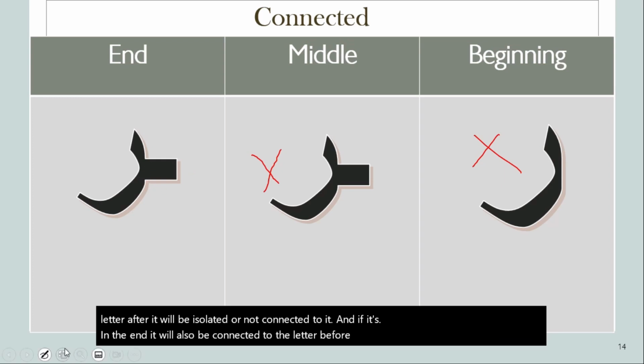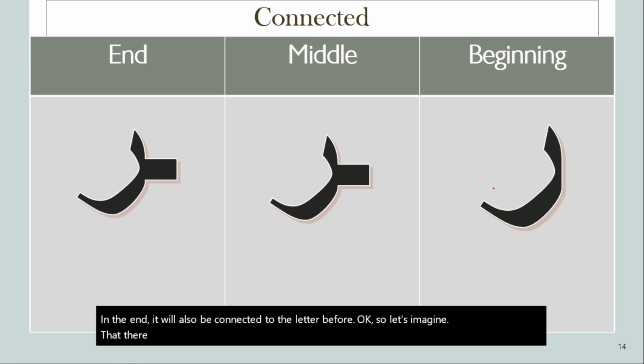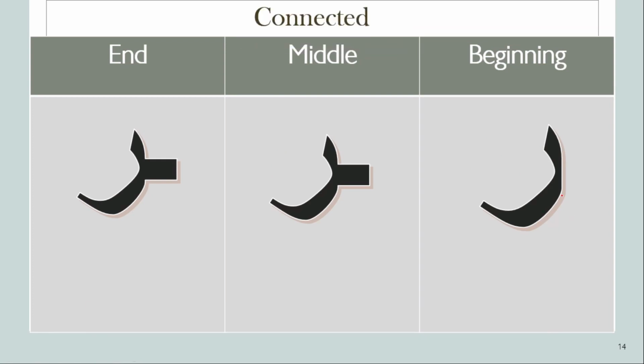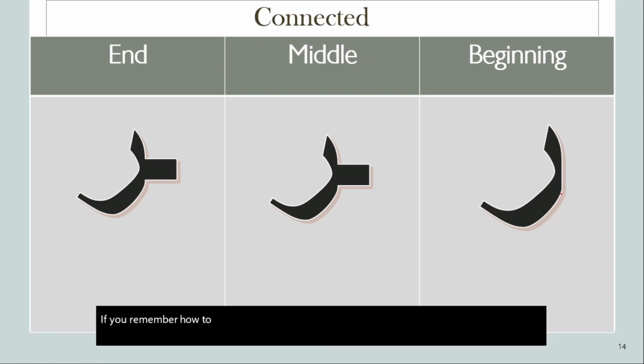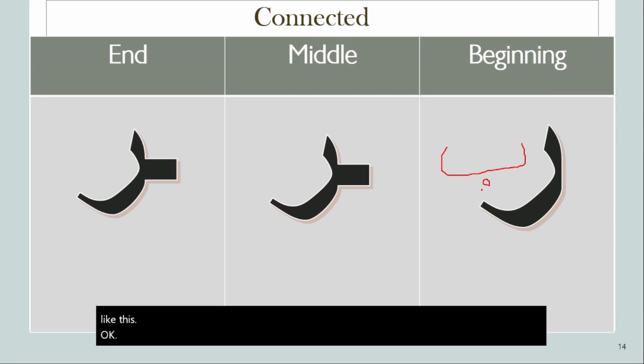So let's imagine that there is حرف الباء, if you remember, حرف الباء is the one that's like a boat. If it's after حرف الراء, if it's after letter ra, it will not be connected to it. So it will be like this. It has one dot below and they will not be connected.